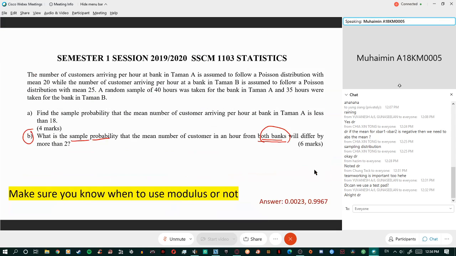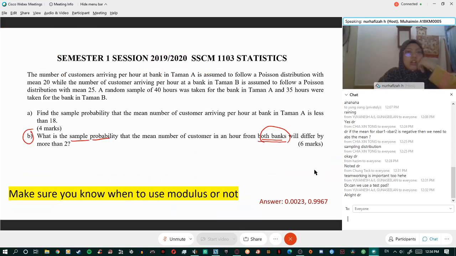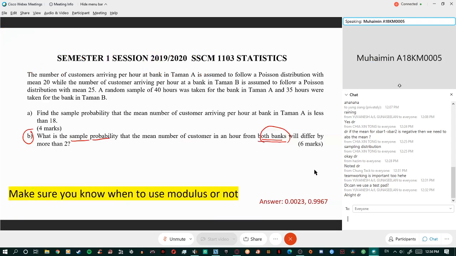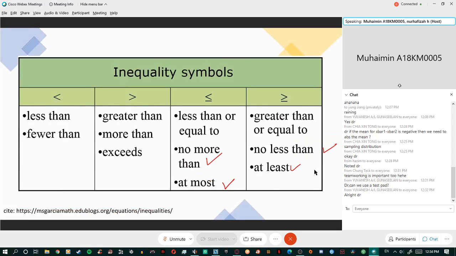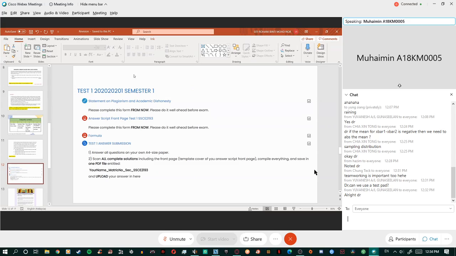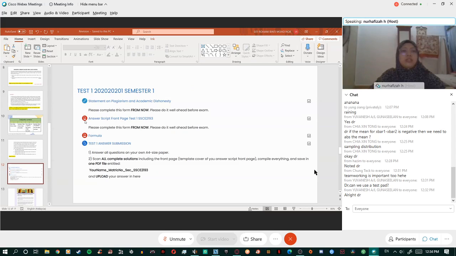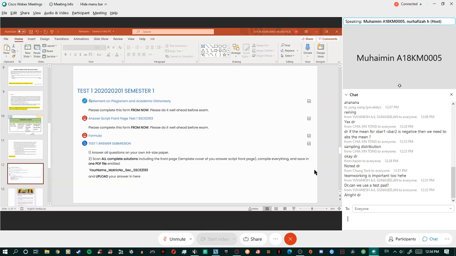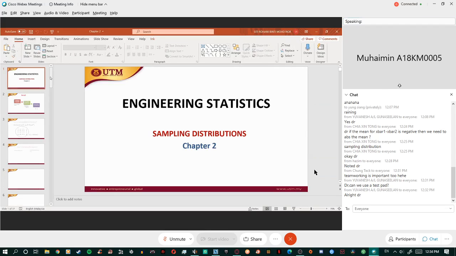This one? Is it in this slide or no? Not that one, the slide that madam taught. Chapter 2. Wait, chapter 2. Example what? Example 9.